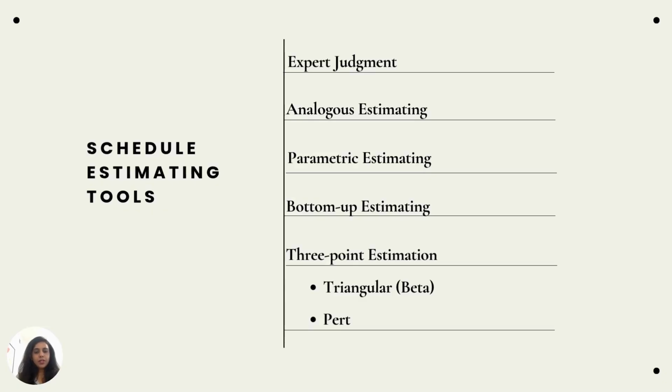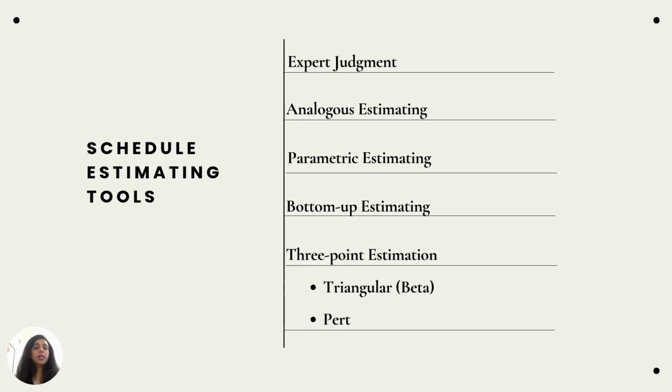Lastly, the 3-point estimation. It has Triangular and PERT. If you are noting down all of these points, note down and understand Triangular and PERT, because it is very, very important and might appear in your exam. So write down the formula. Triangular is optimistic plus most likely plus pessimistic divided by 3.